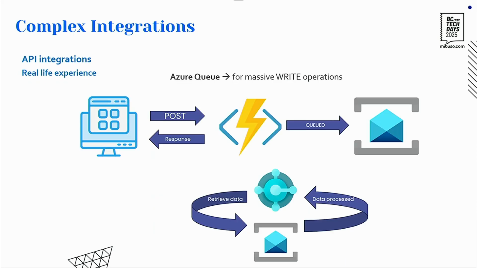Obviously, the problem is what about the POST. The POST is something that you cannot cache. So if you want to post something, for the POST we have, in some scenarios, used the same trick. We have used the Azure function as a middle layer. We enqueue in Azure Queue or Azure Service Bus, it depends.